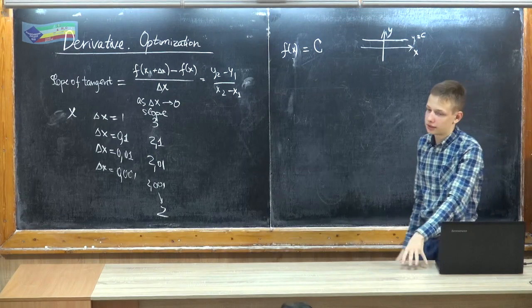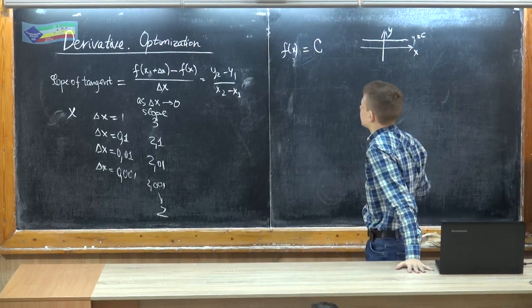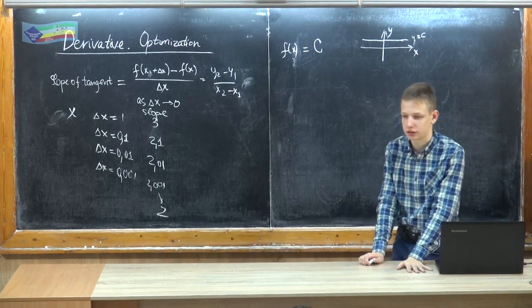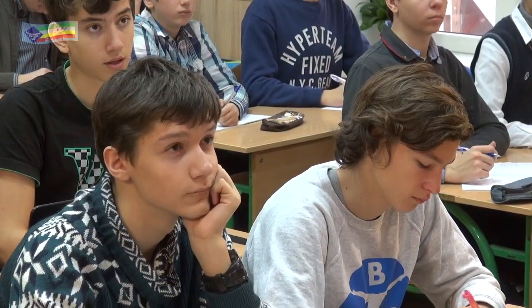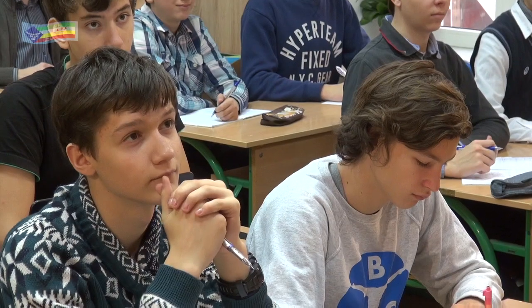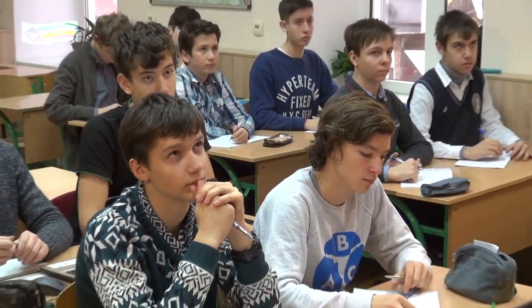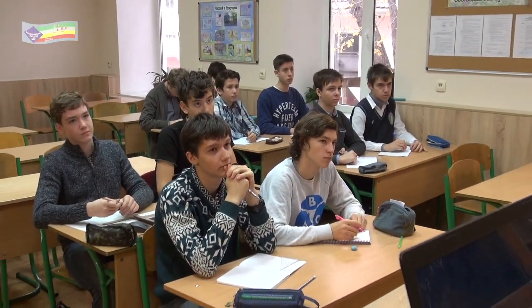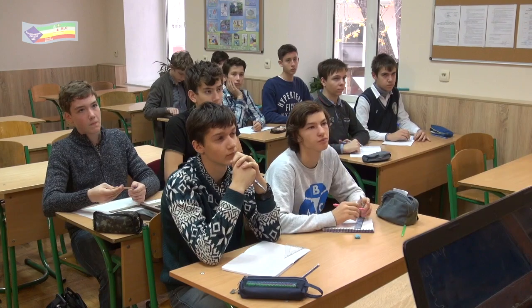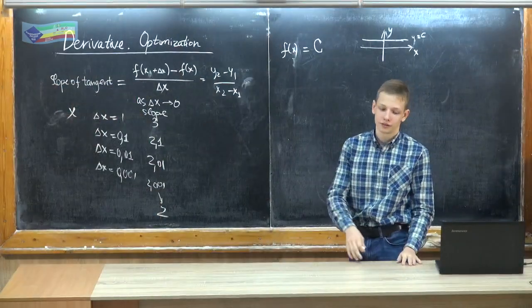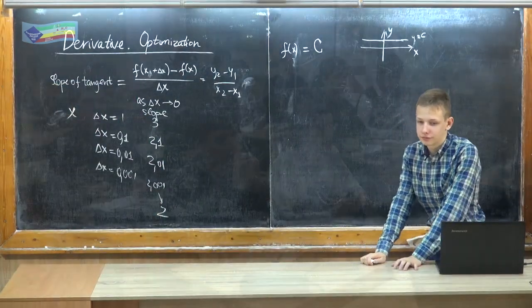So can you already say what the derivative of this function is equal to at every point of this graph? So what do you think? 0. And why do you think so? Can you prove this, can you show? Because we've only considered the geometrical meaning of the derivative, so we can't get any angle.